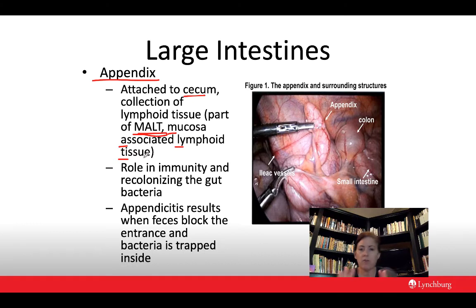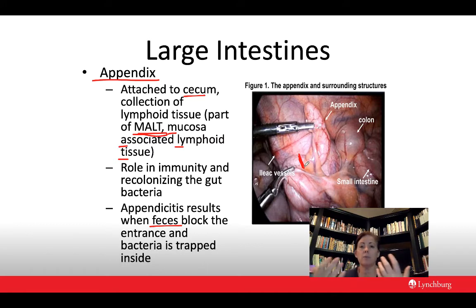But like with everything else, it's very interesting when things with the appendix go wrong. What can happen is feces can end up blocking the entrance to the appendix and trap bacteria inside it.